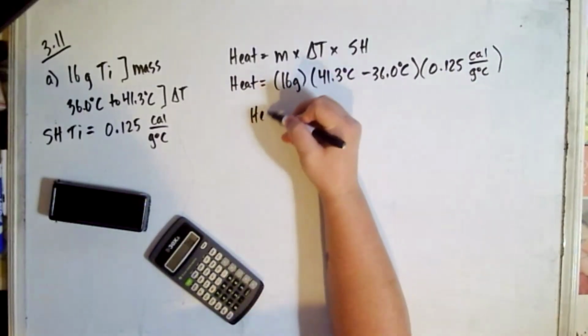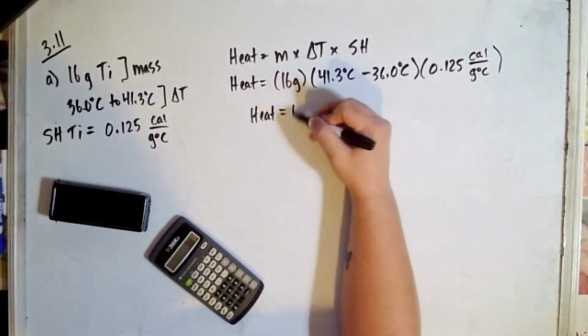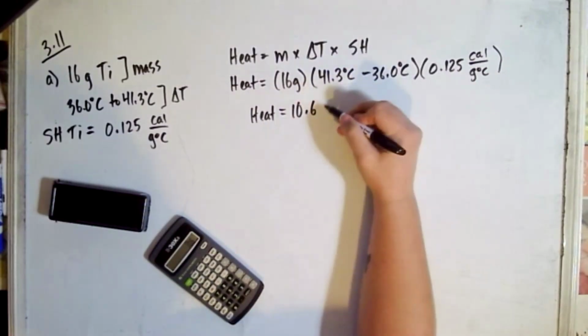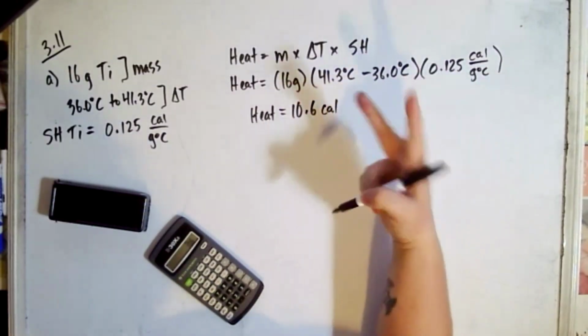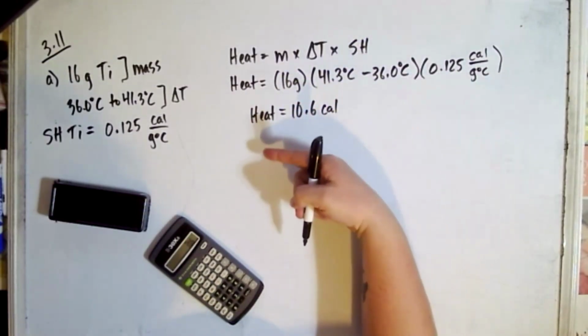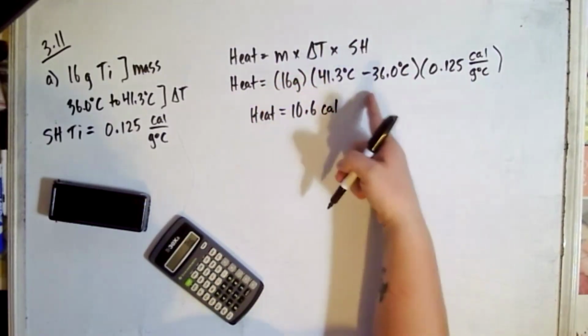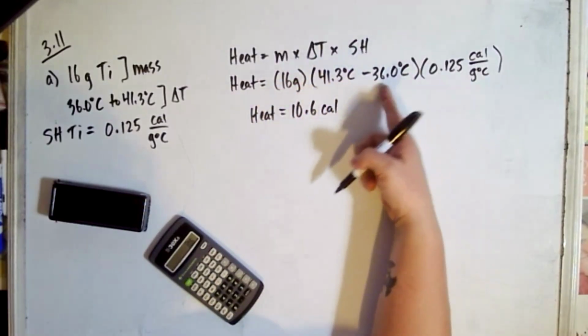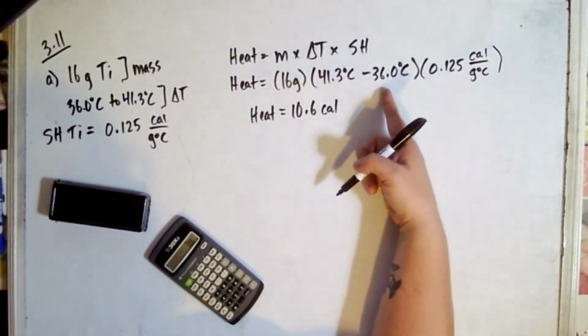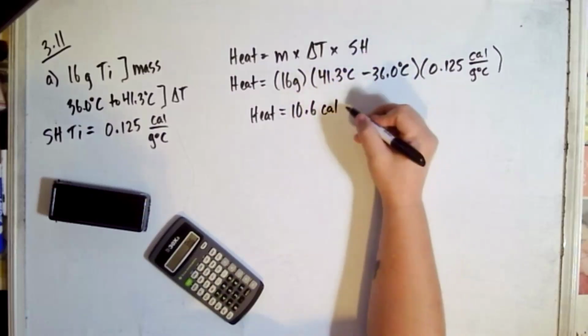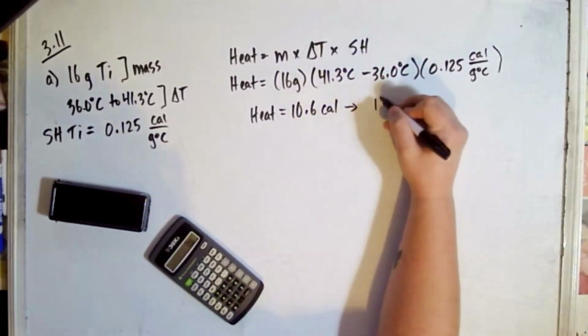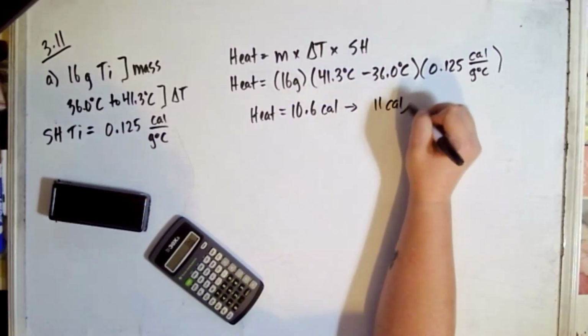Okay, so our heat in this case is going to be 10.6 calories, which will round to 2 significant figures. Between our mass and our temperature change, this ends up being like 5.3, which is only 2 significant figures. So we'll round that to 11 calories.